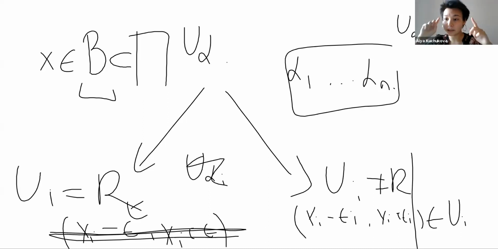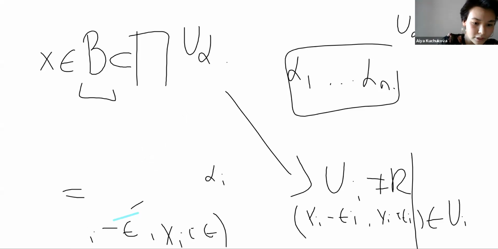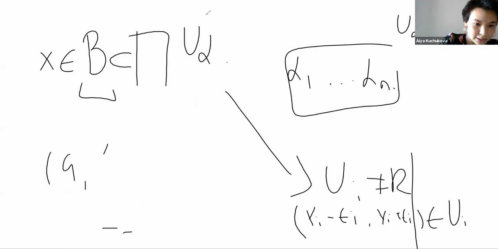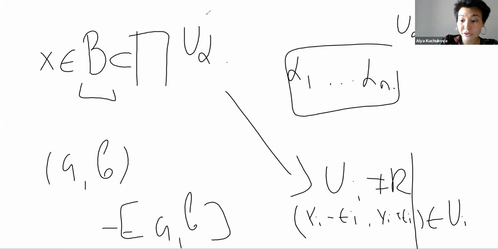So why is it important that U_i is open? Well, because open sets, if you think about them not in a topology kind of way, but in an analysis kind of way, look like (a, b), an open interval. If it were closed, x could be lying on that edge. So we wouldn't be able to find something around x that would be inside of U_i.